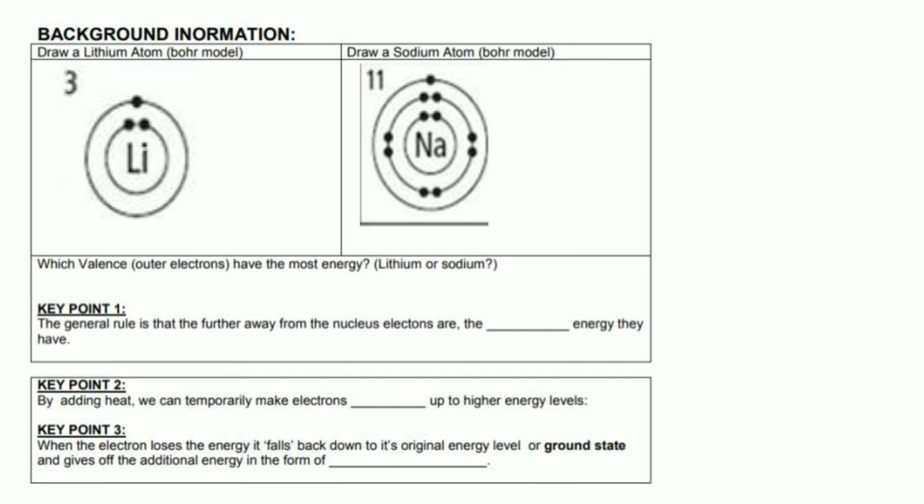The further from the nucleus, the more energy an electron possesses. For both of these atoms, if we add energy, we can make electrons jump up to higher energy levels. When the electron returns to the ground state, as it falls back down, it will release the energy in the form of light, creating a bright line spectrum.